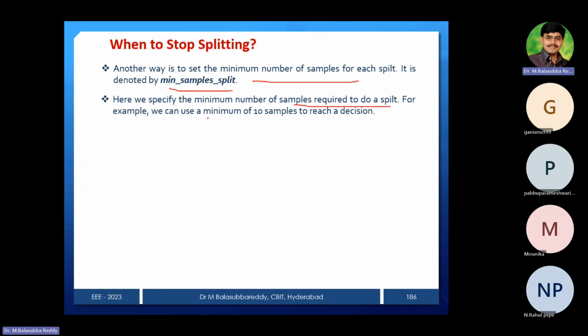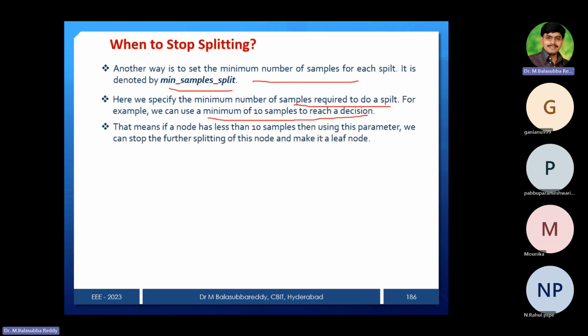For example, a minimum of 10 samples may be required for each decision. If a node has fewer than 10 samples, whether it is a root node, a sub node, and so on up to the leaf node, using this parameter we can stop further splitting of that node and make it a leaf node. Simply remember the condition: if a node has fewer than 10 samples.